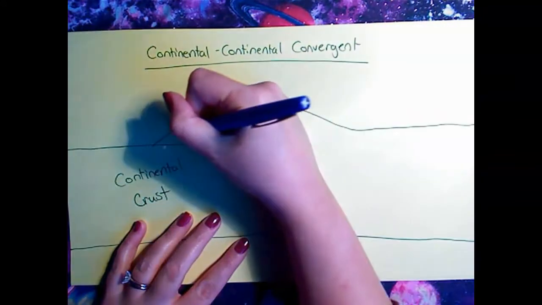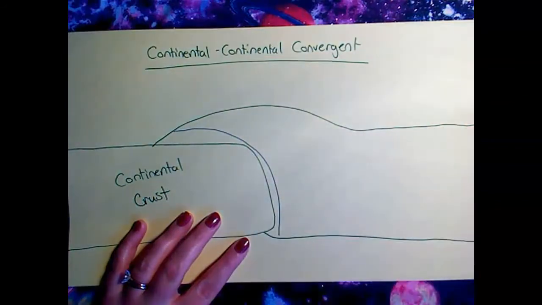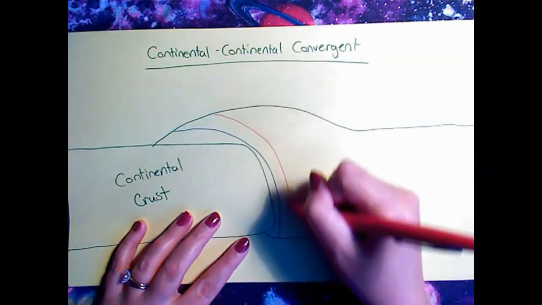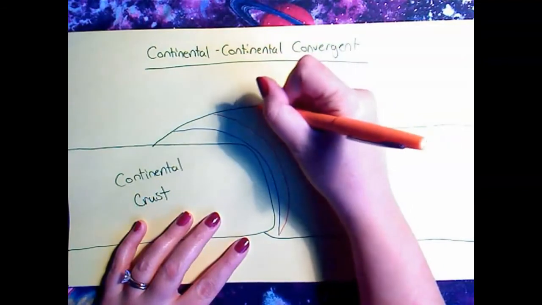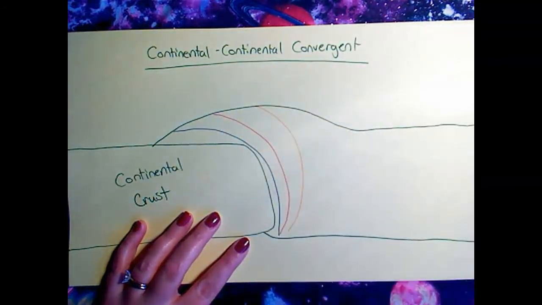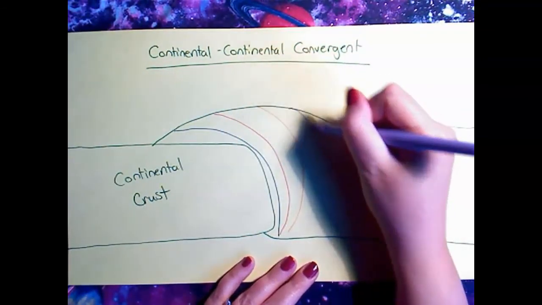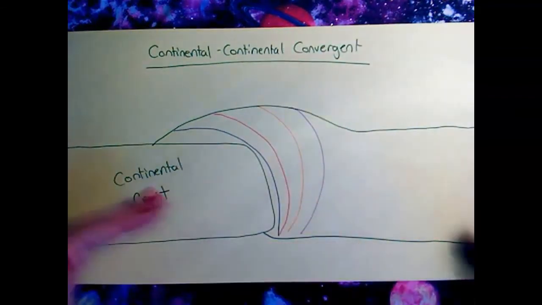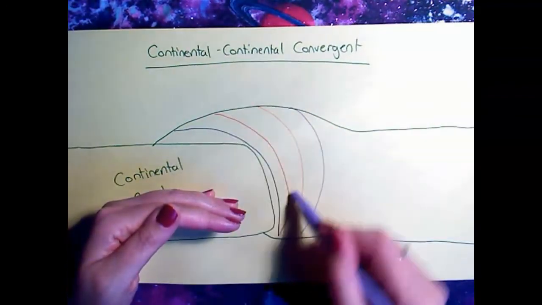And what you're going to see is layers that have formed, and all of these different colors I'm using just show you these layers and how they're going to pile up, and you're going to see them even sideways.